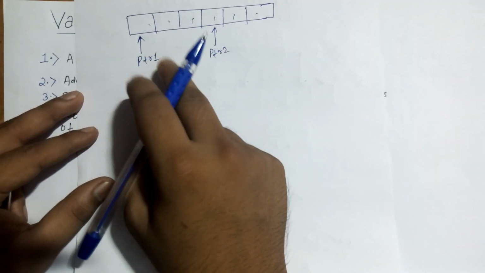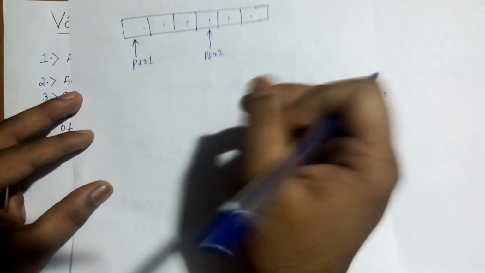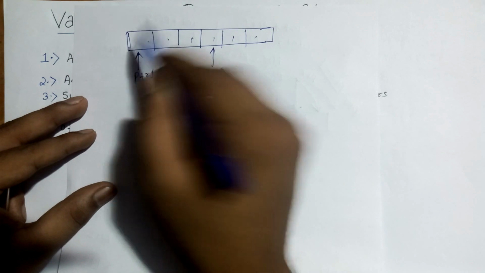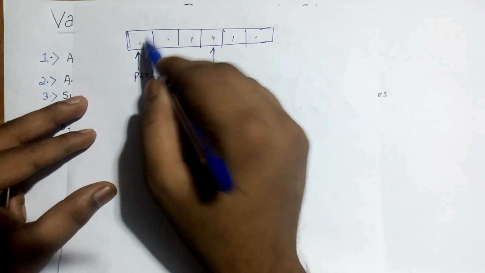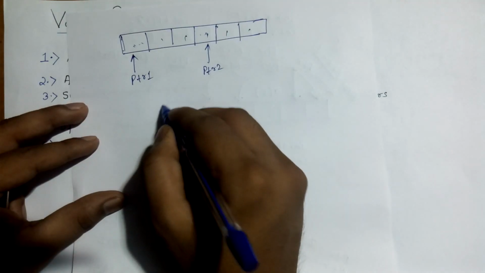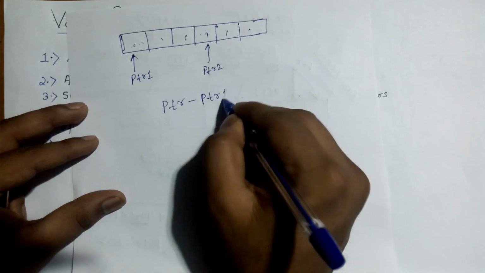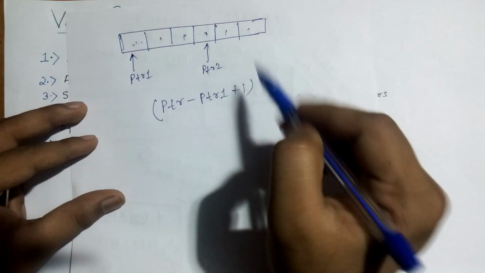Subtracting two pointers which are pointing to members of the same array can be used to find out the number of elements between these two memory locations, including these two blocks. If you do ptr2 minus ptr1 plus 1, it will give you the number of elements, that is 1 2 3 4, it will give you 4.